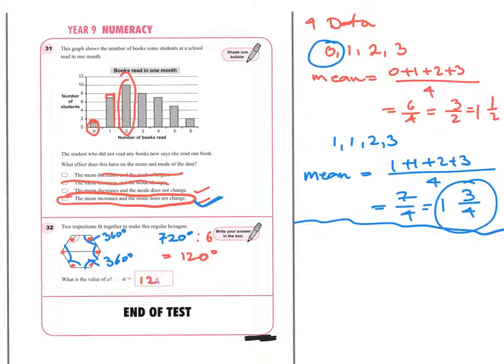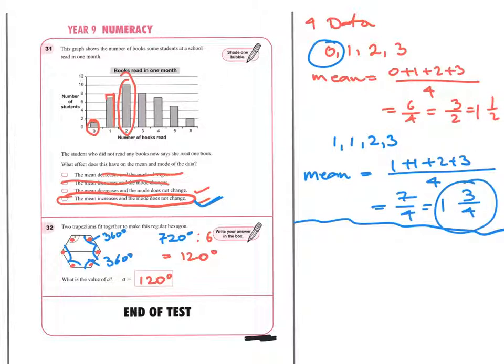So the answer is 120. A different way of doing it, if you do want to find the size of the internal angle, is like this. You're looking at the number of sides, so there's a formula that you use.